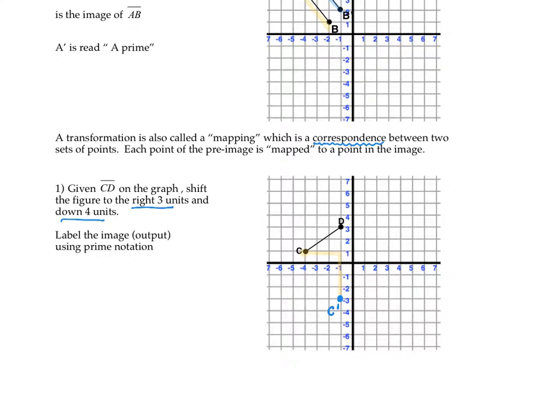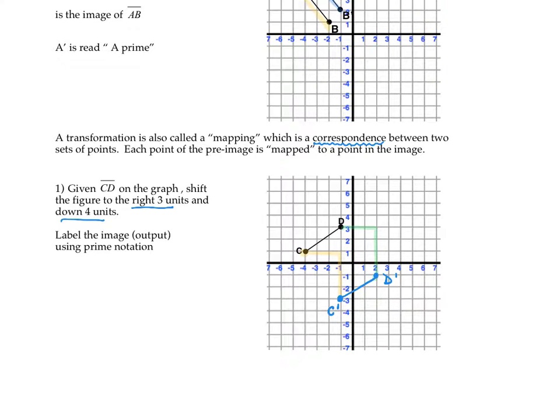All right, we're going to do the same thing with point D. And I'm going to highlight it in a different color. We're going to start at point D, and we want to move to the right 3. So 1, 2, 3 squares to the right, and then down 4. 1, 2, 3, 4. And at that point, we're going to label that D prime. And then just take your ruler and connect those 2 points with a nice straight line.